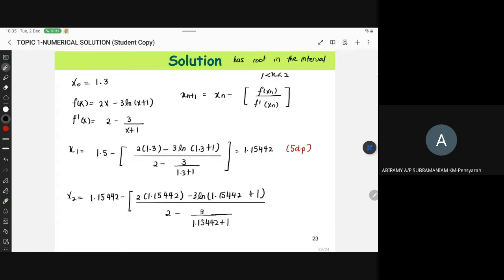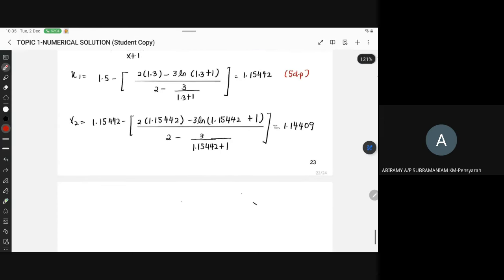Here we will be getting 1.14409. Since these two values are still not the same, we have to continue the iteration with x3.